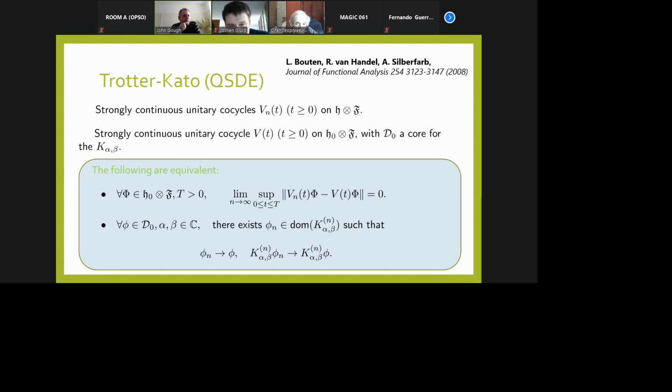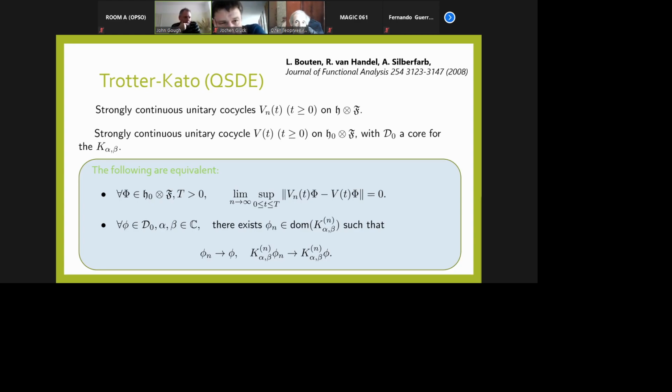So the reference is there. It's already quite old, this result, 2008. They were able to show, again, a uniform convergence, and the equivalent condition here was that for all phi in the core domain for these K alpha beta, you assume that they all have this core domain.